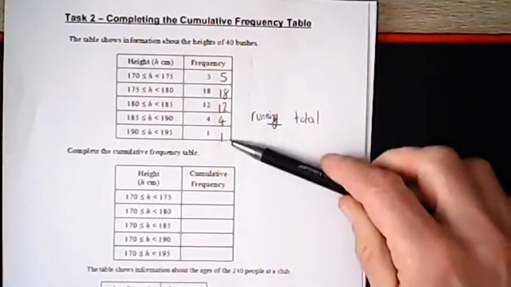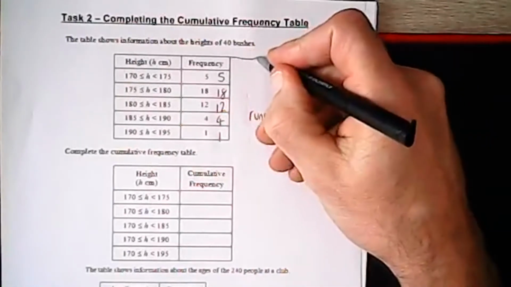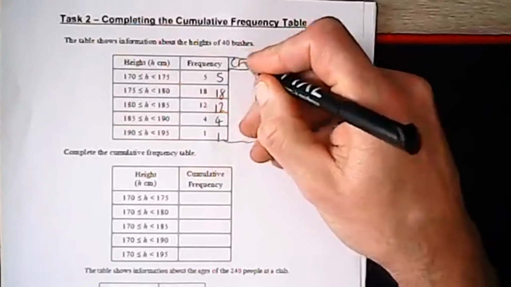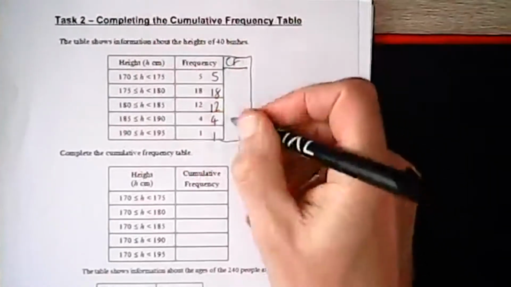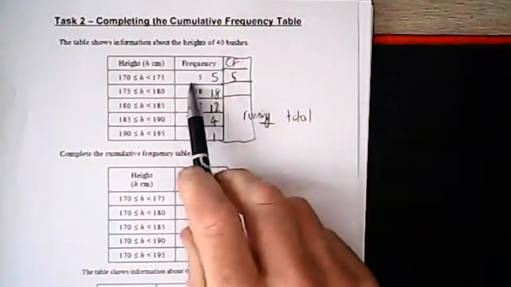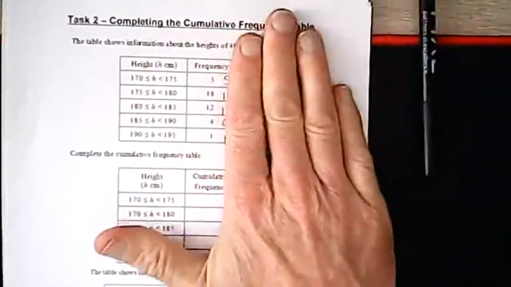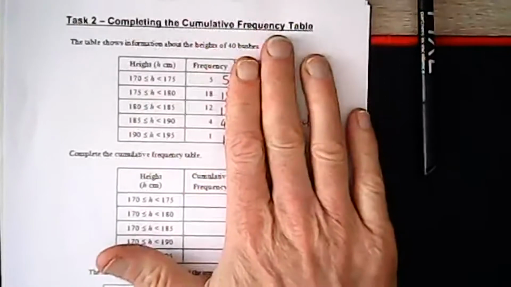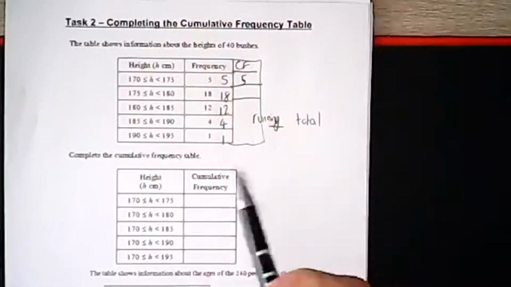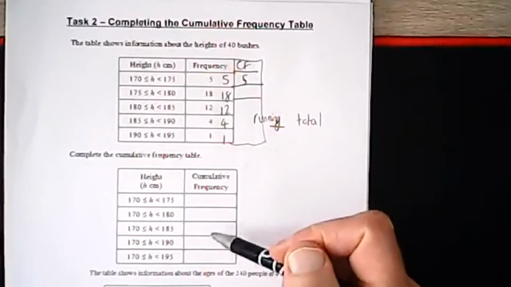Just a reminder, in GCSE your best bet is to add a column like that with cumulative frequency down the side. It makes it so much easier. Very often you're just given that and asked to fill in a cumulative frequency, so it's good to add this on the side. But let's use the proper table this morning.